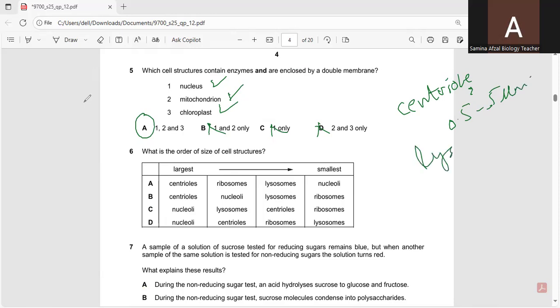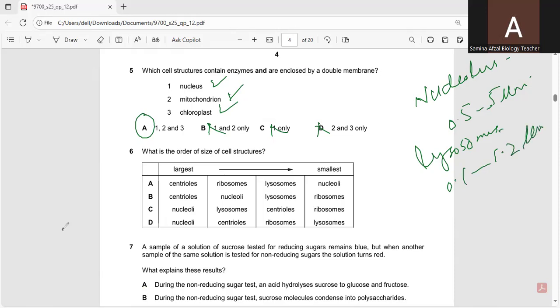Lysosomes, wait a minute. These are nucleolus. Nucleolus has 0.5 to 5 micrometer. Lysosomes have 0.1 to 1.2 micrometer.